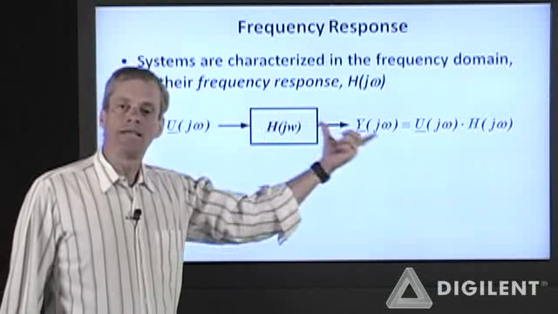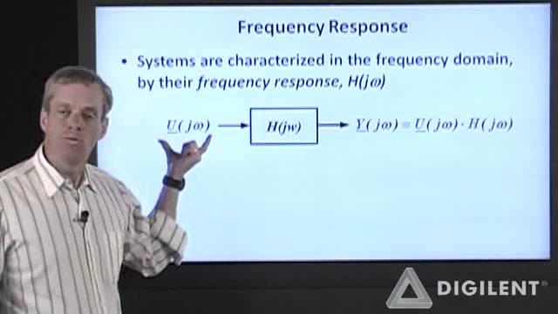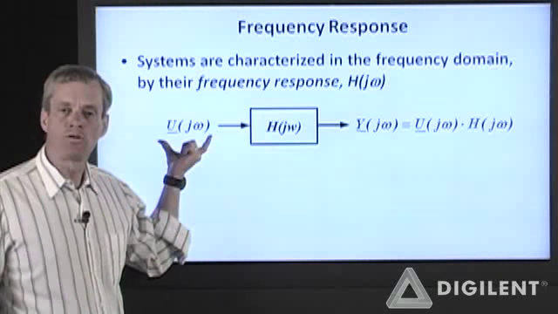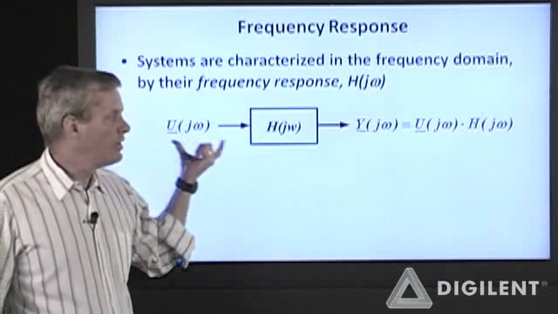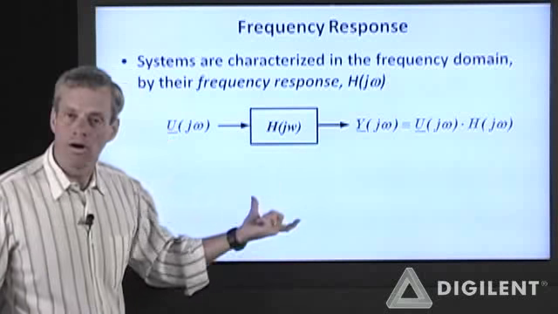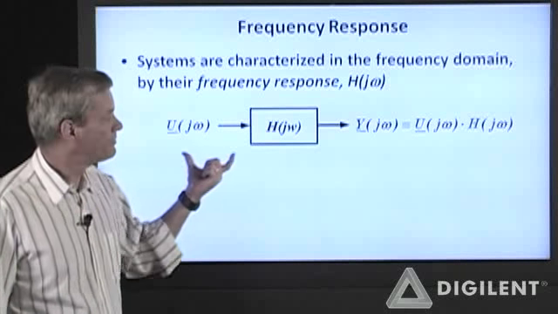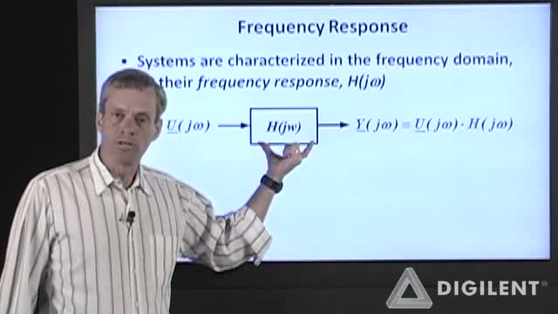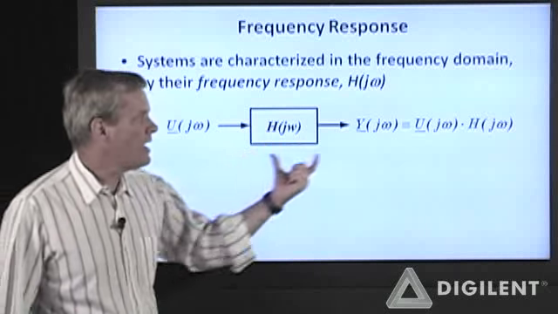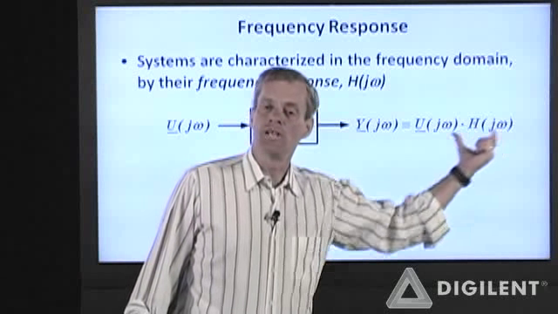Now, if I do a block diagram form of the system, I have some input which is going to be represented in phasor form as U of j omega. My inputs and my outputs can now also vary with frequency. We can have multiple frequencies in these. That input is applied to some system which has a frequency response H of j omega, and the output is simply U of j omega times H of j omega.